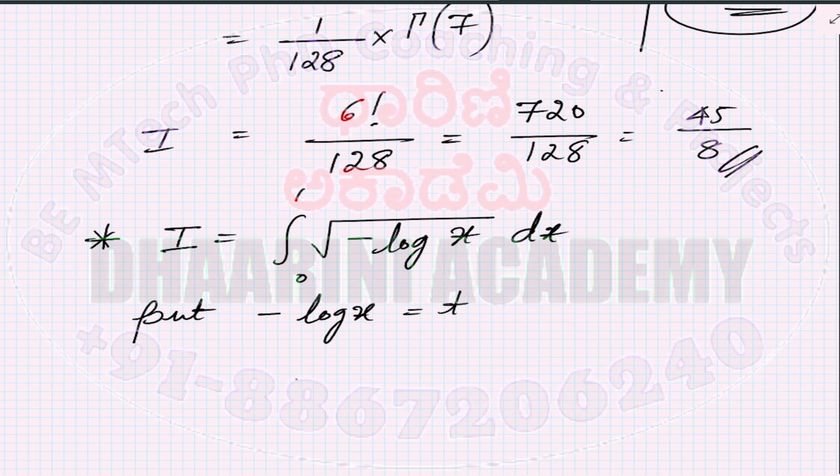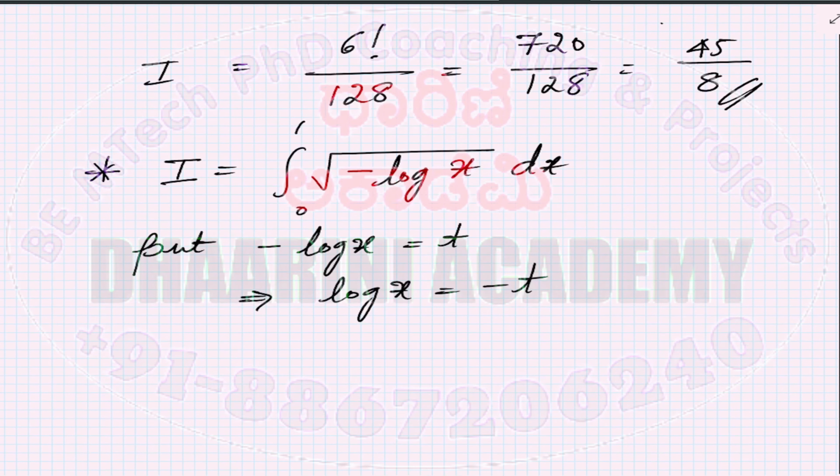Okay, so if I do this, log x equals minus t. Right. So now, just now I told you, you can bring an e to the power if you take an anti-log. So taking anti-log, log will cancel.